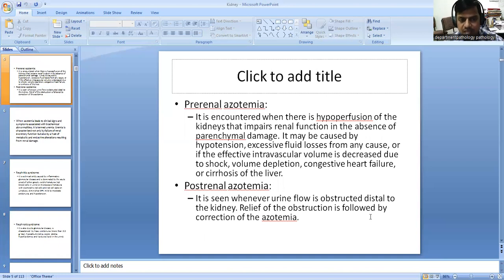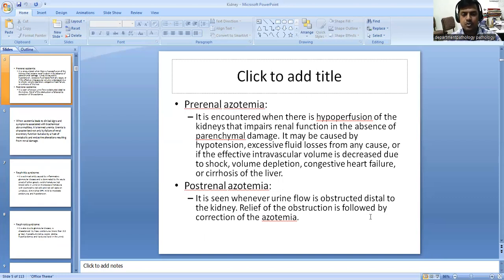It may be caused by hypotension, excessive fluid losses from any cause, or if the effective intravascular volume is decreased due to shock, volume depletion, congestive heart failure or cirrhosis of the liver. These are the causes.